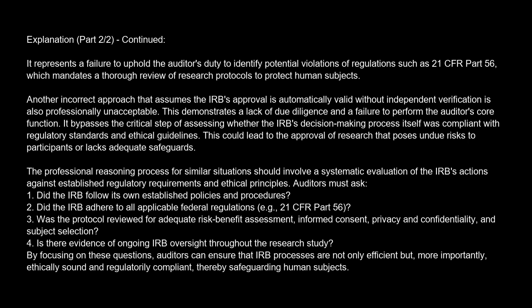Another incorrect approach that assumes the IRB's approval is automatically valid without independent verification is also professionally unacceptable. This demonstrates a lack of due diligence and a failure to perform the auditor's core function. It bypasses the critical step of assessing whether the IRB's decision-making process itself was compliant with regulatory standards and ethical guidelines.